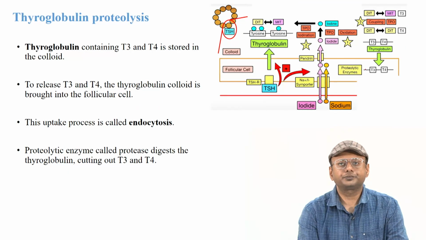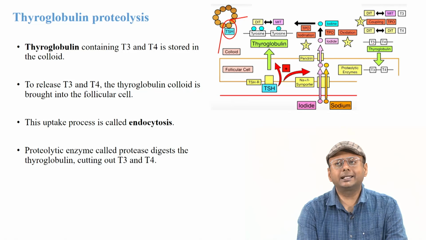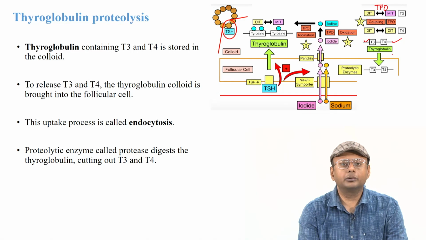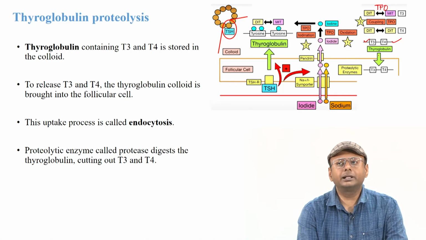So as we said, after the coupling reaction by the activity of the TPO, the T3 and T4 are still coupled with the thyroglobulin type of protein molecule. Now the T3 and T4 need to come inside along with the thyroglobulin. So what happens?